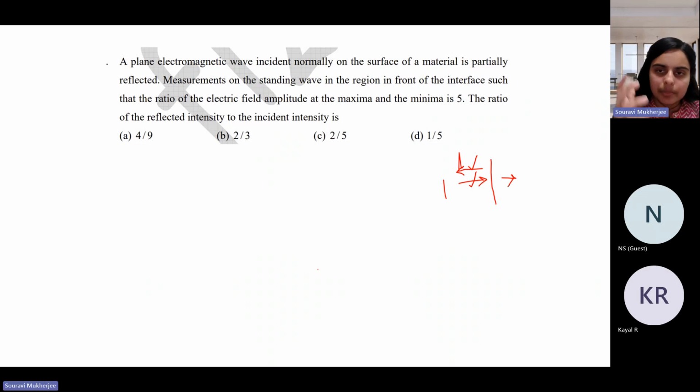So what happens when you have different waves which are coherent? Coherent meaning they have the same phase difference. Here, they have similar frequencies and exist in this region, so they're actually coherent because their frequencies are the same. So what will happen?